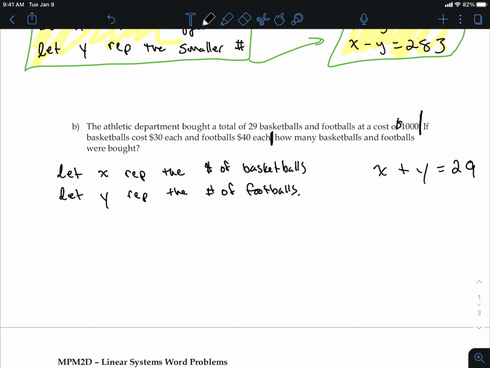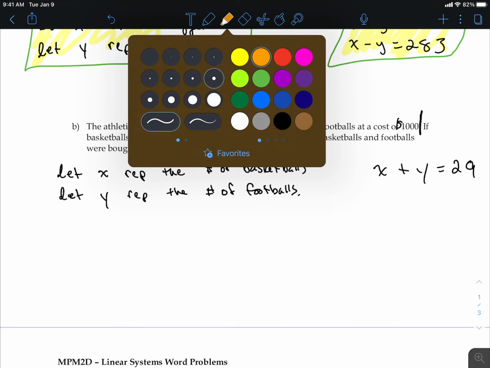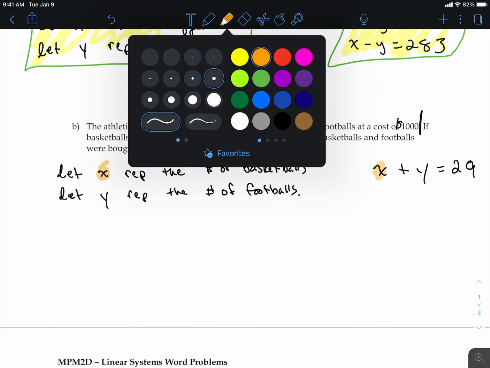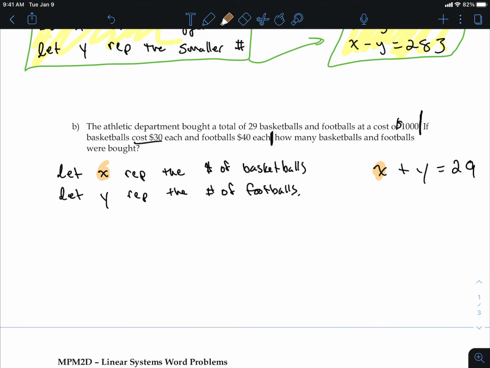Okay? So in the second part here, it tells us that it costs $30 for basketballs, which remember are the orange, right? And then the footballs are the Y's, right? So if it's going to tell us the cost, it's $30 for the basketball.